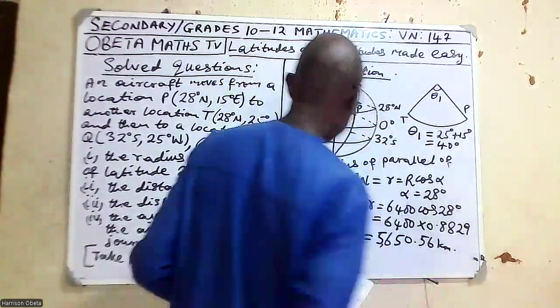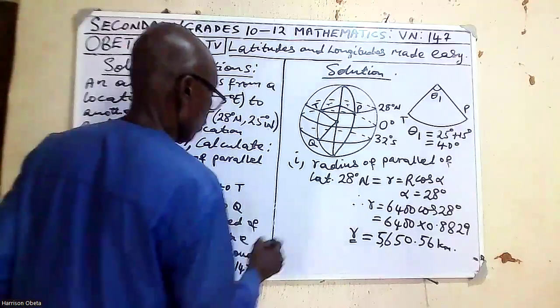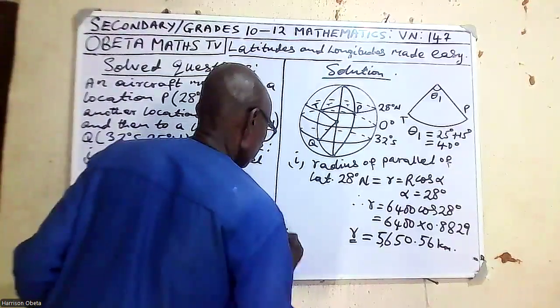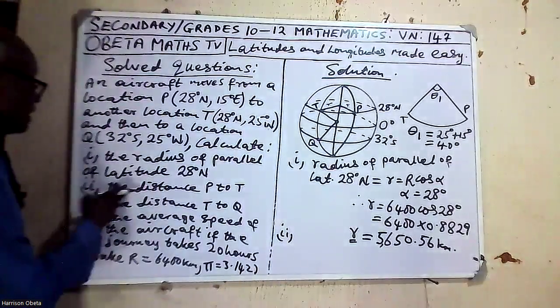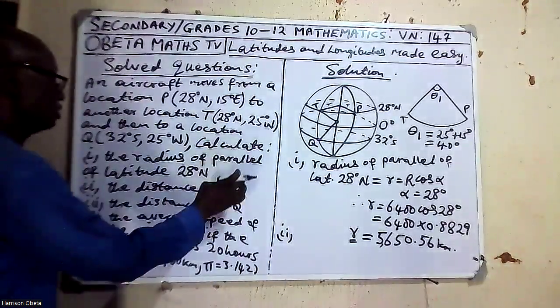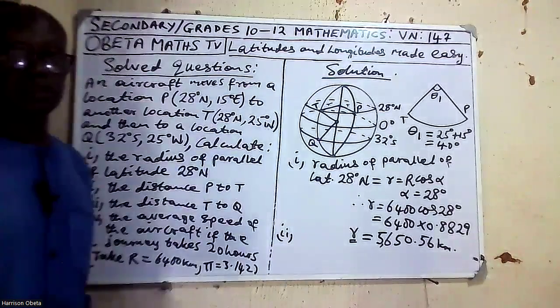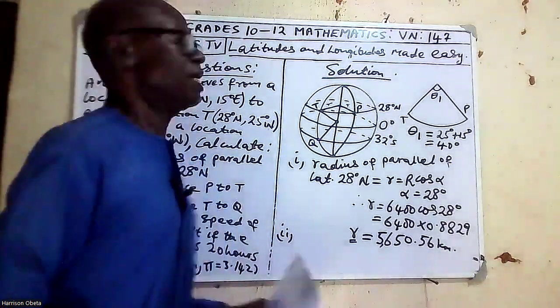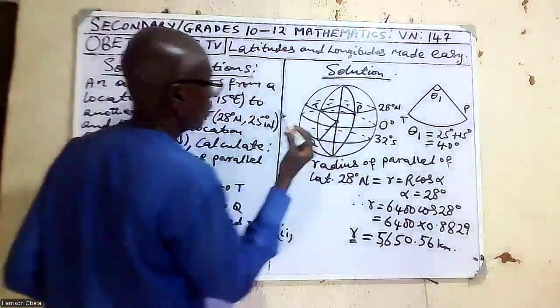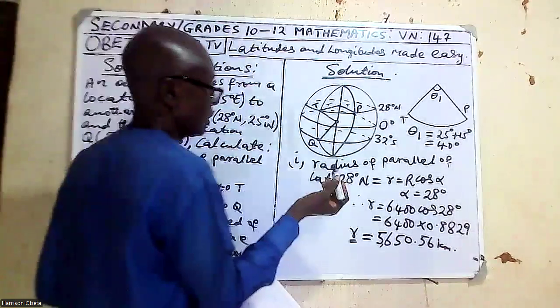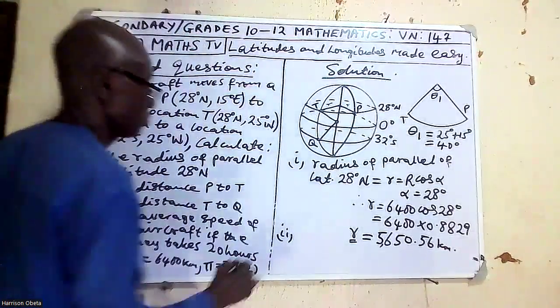Then the next thing, second question now. We have to calculate the distance between P and T. That is from P to T, and that is arc PT.